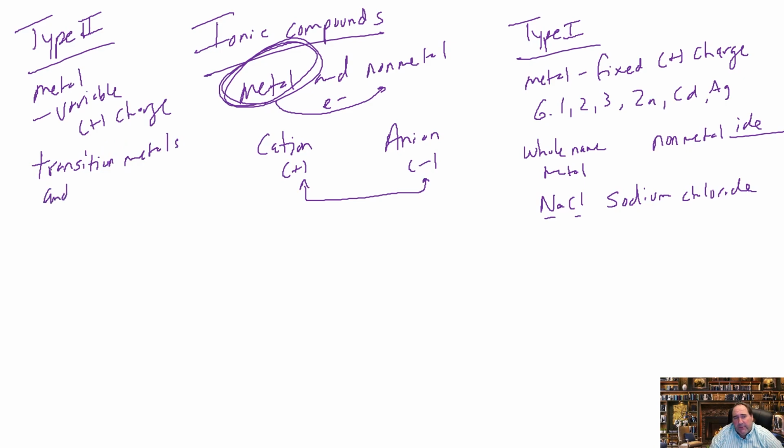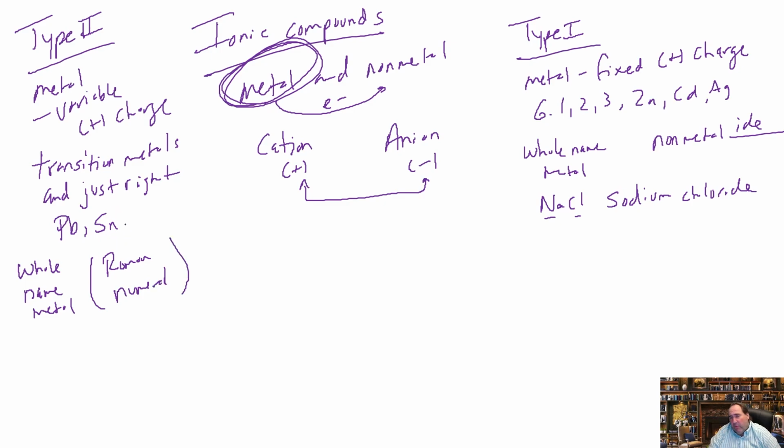And as we talked about, also just to the right, once again, underneath that staircase, where we have things like lead and tin and that general area of the periodic table, although they're not technically transition metals, they do have variable charges. They are pretty much named the same way as type 2. Because they could have a variable charge, we still use the whole name of the metal. We do use a Roman numeral here.